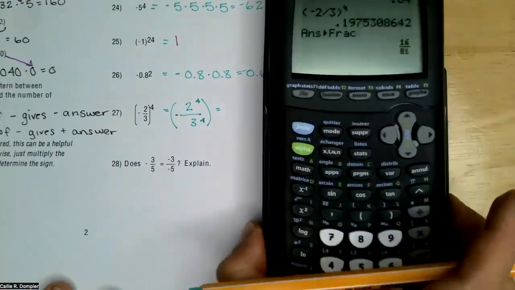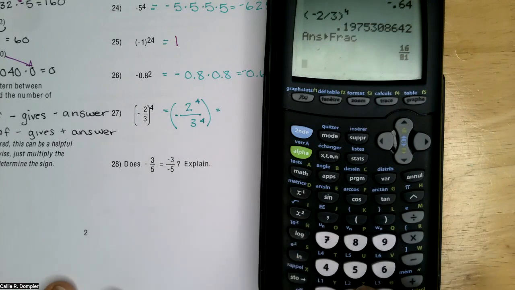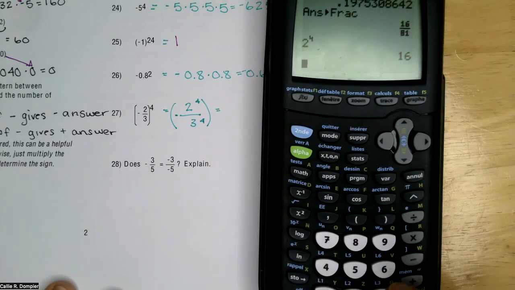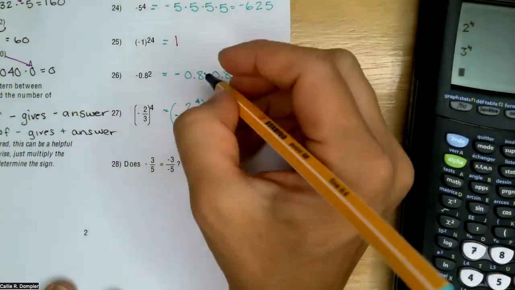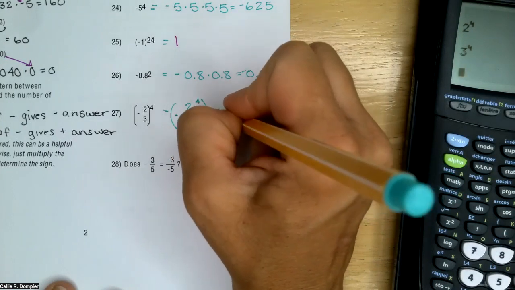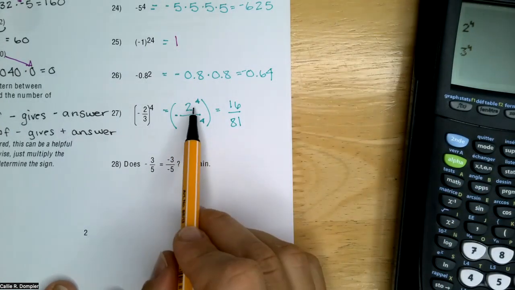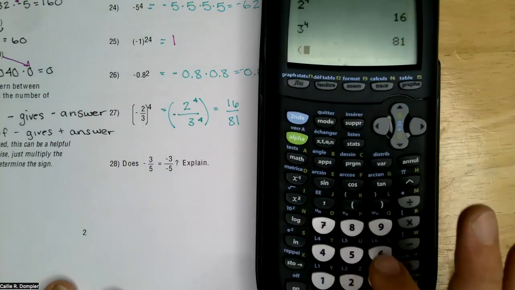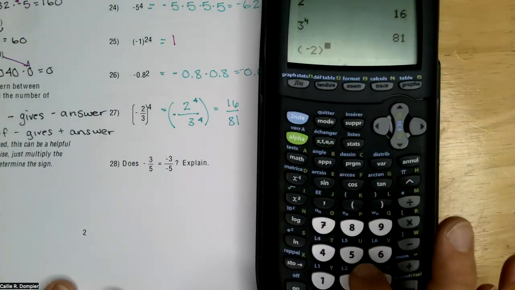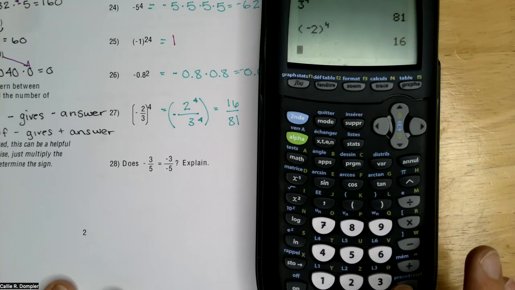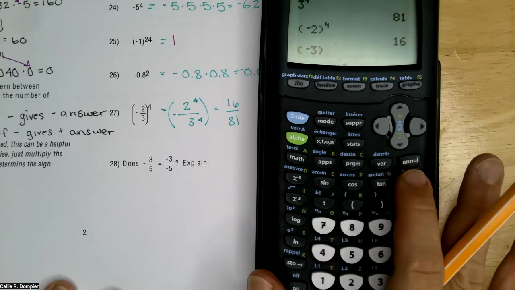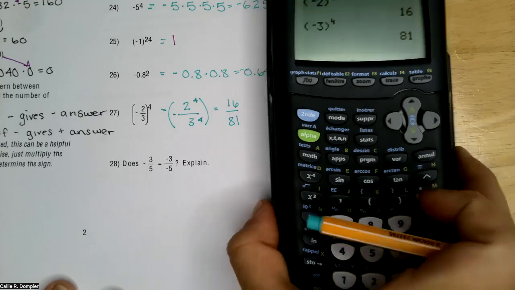So 2 to the fourth is 16, and 3 to the fourth is 81. So it's 16 over 81. And they were negative, so negative 2 to the fourth is positive 16. Negative 3 to the fourth is positive 81.